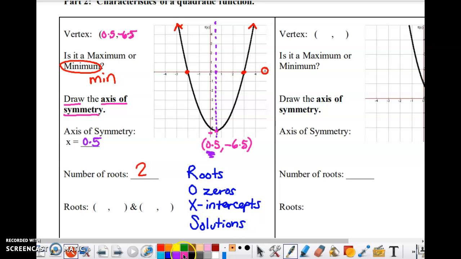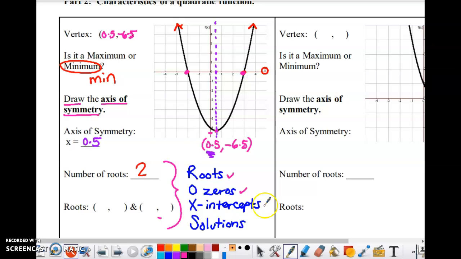Okay, so all of these mean the same thing. Roots mean the same thing as zeros, x-intercepts, solutions. So sometimes they're going to ask you how many zeros are there? 2. Sometimes they're going to ask you how many roots are there? 2.